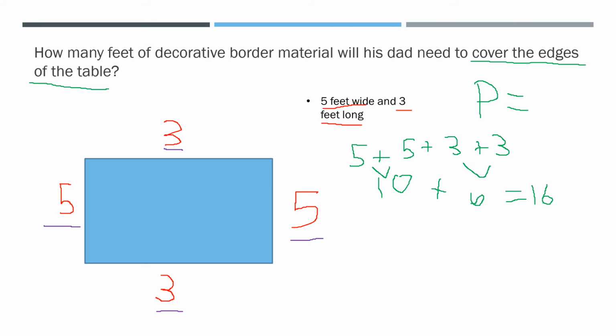We can multiply 5 times 2, because we have it 2 times, and add that to 3 times 2, because just like the 5, it comes up 2 times. 5 times 2 is 10. 3 times 2 is 6.